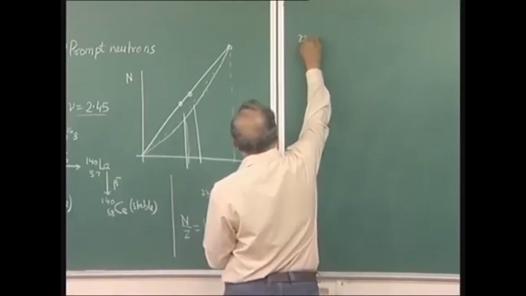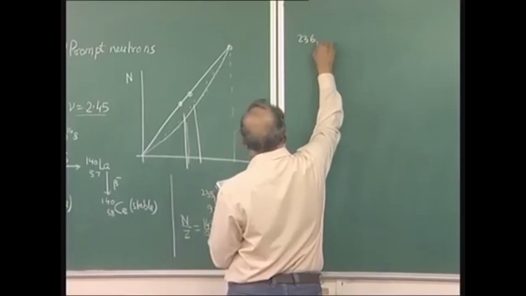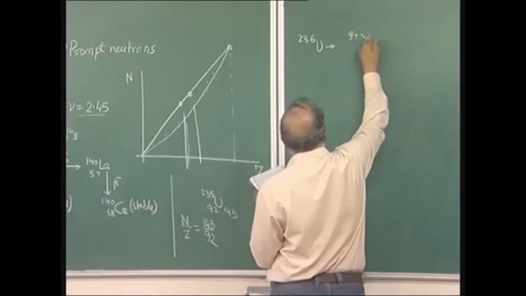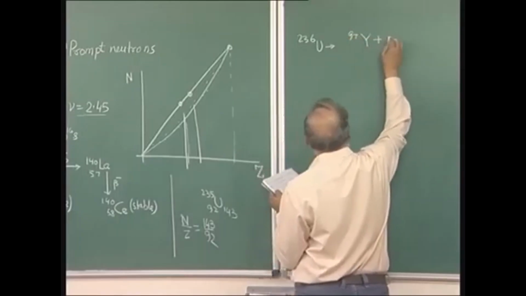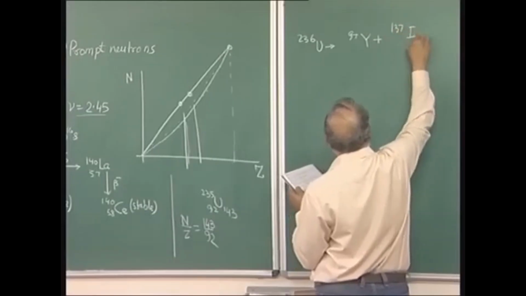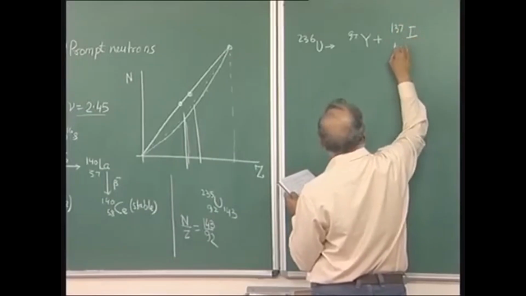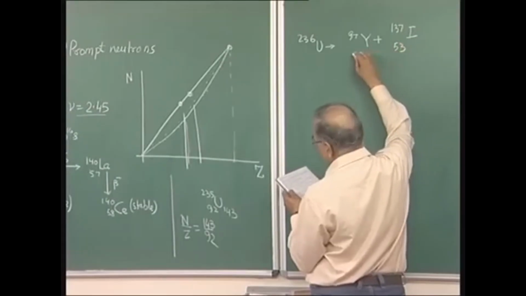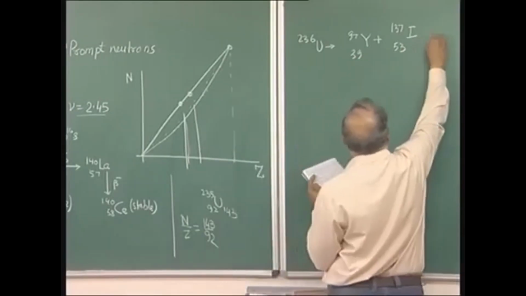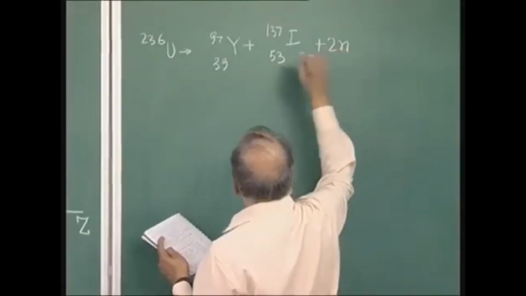So, uranium 236 going to 97 yttrium plus 137 iodine. Iodine has Z equal to 53 and yttrium has Z equal to 39. Plus 2 neutrons, these are the prompt neutrons.